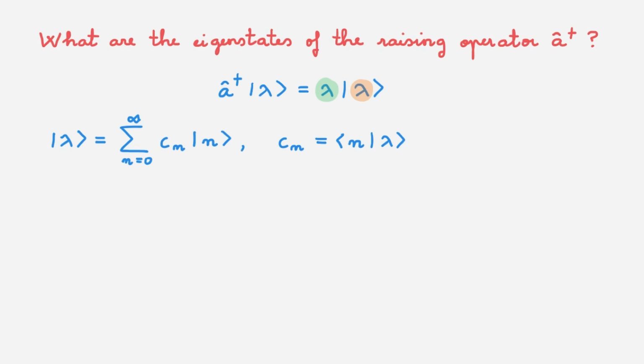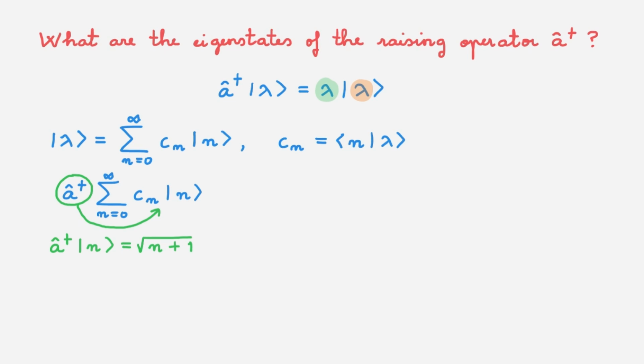To do so, let's start with the left-hand side, A dagger acting on the expanded eigenstate. We can move the raising operator inside the sum, and using the action of the raising operator on an energy eigenstate, which is equal to this prefactor times an energy eigenstate with one additional energy quantum, we can then rewrite this term as equal to the infinite sum over Cn times the square root of n plus 1 times the energy eigenstate n plus 1.